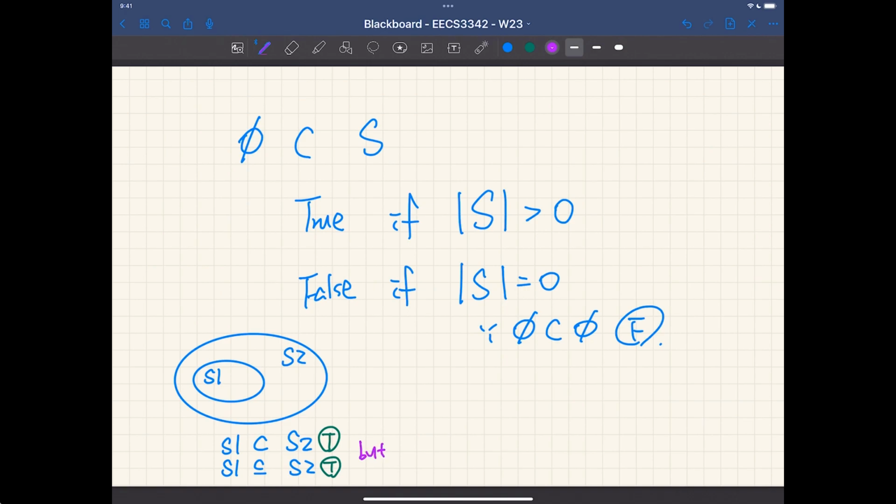But this does not imply that S1 is equal to S2. In order to really show it, you also have to show that S2 is a subset of S1. But according to this setting, it's not the case, because S2 is strictly bigger than S1. I think many times visualization will definitely help.